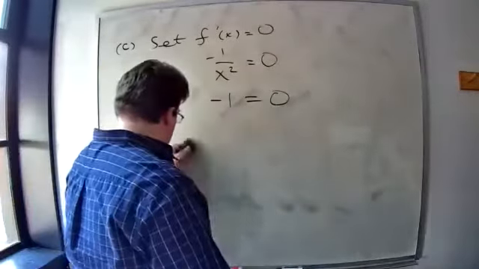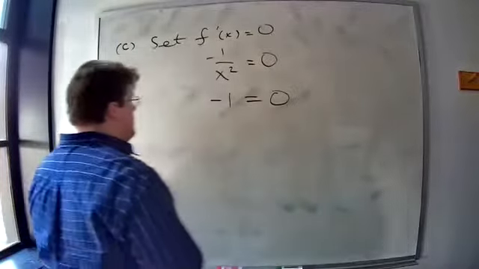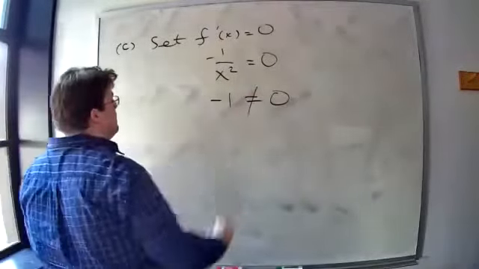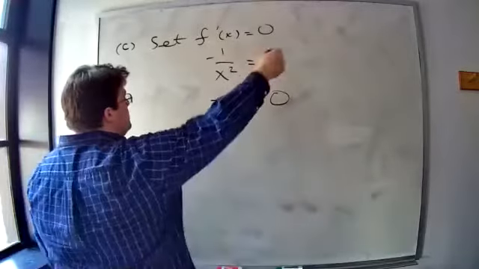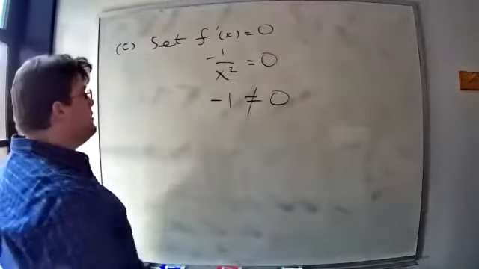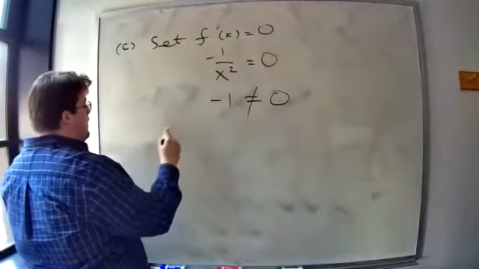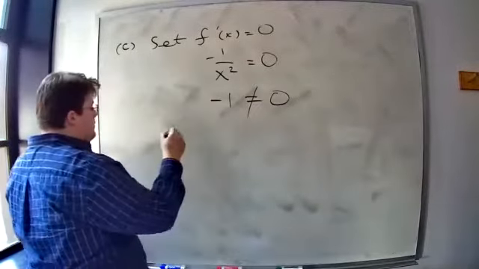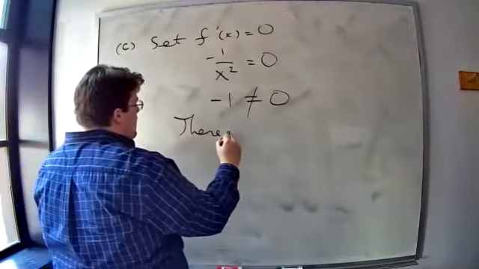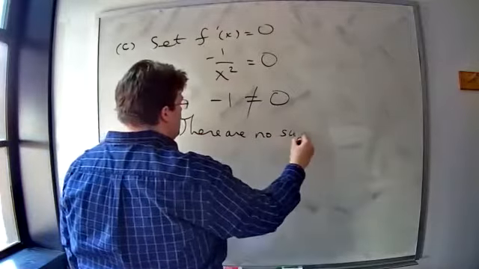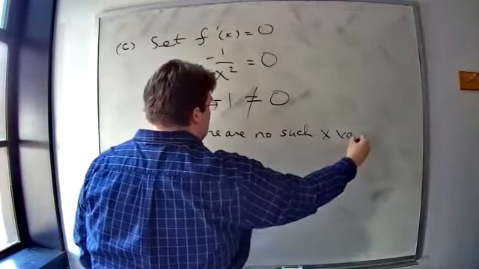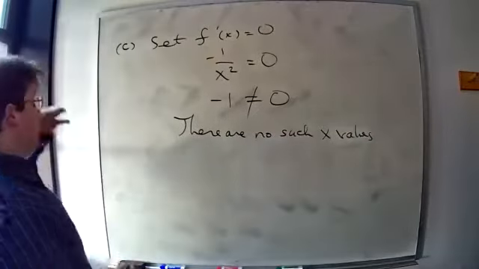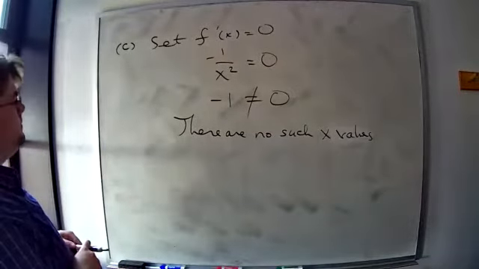Well, -1 does not equal 0. So this means that's never true. So this means there are no x values which satisfy this. So we'll just say, there are no such x values which make the derivative equal to 0.